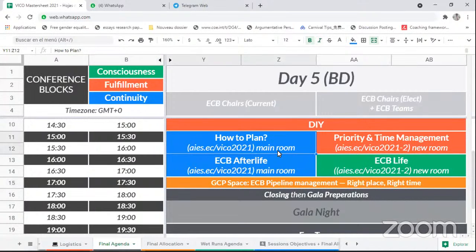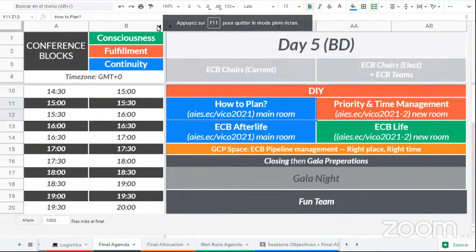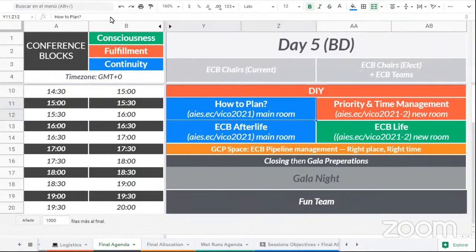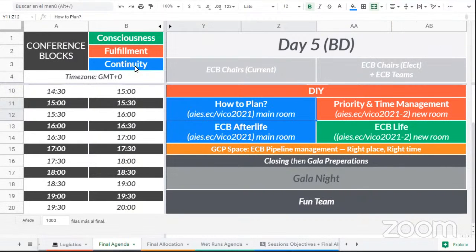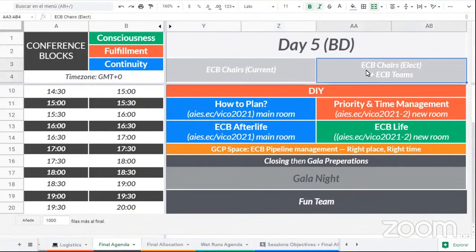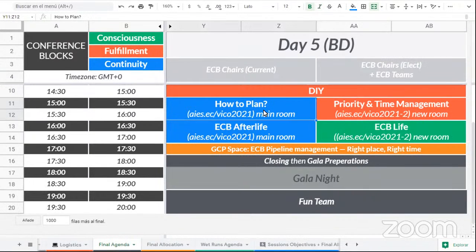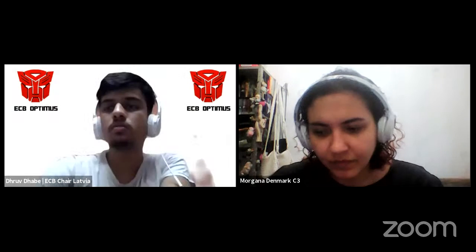So maybe this is clearer for them to see the tracks and the agenda and so on. Can you see it or is it not optimized? Wait, no, it's not optimized. We can see. Awesome. So if you're ECB chair or ECB chair elect or ECB team, you go to the new room, which is ice.ec/VICO2021-2. Wait, who stays in the main room?